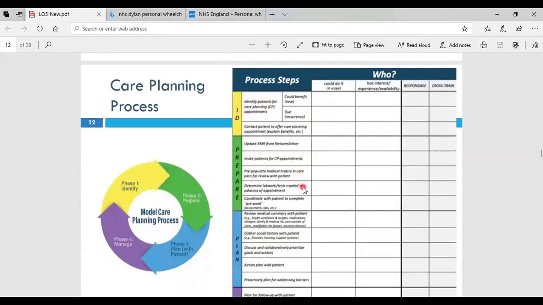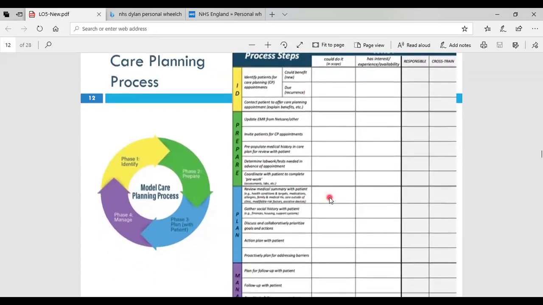You're inviting patients for their appointments. So your preparations should be all geared towards this care planning, determining lab tests that are needed in advance of booking the appointment, and coordinating with the patient to complete pre-work. So you're making the plan, but before that, you're planning on all of these aspects.